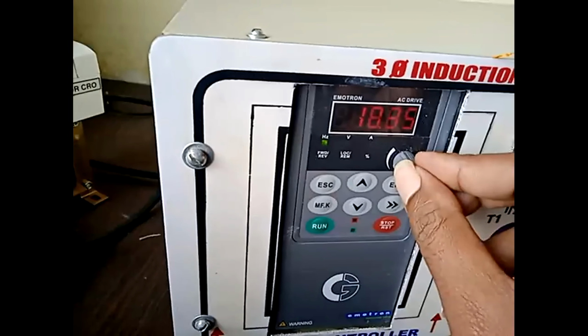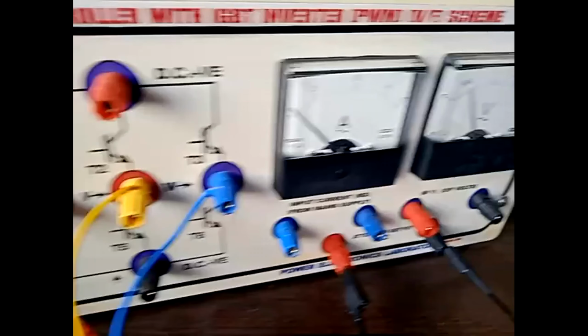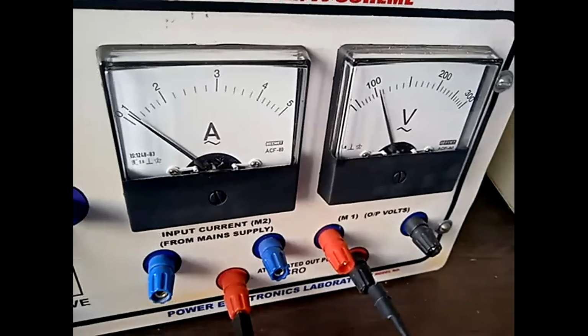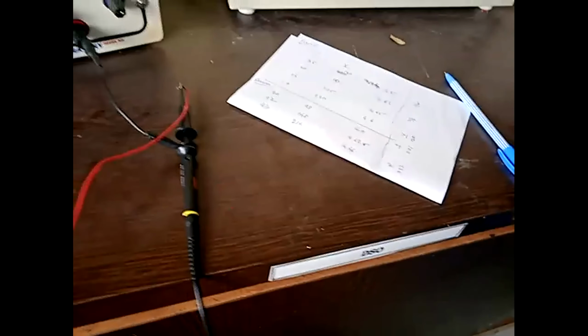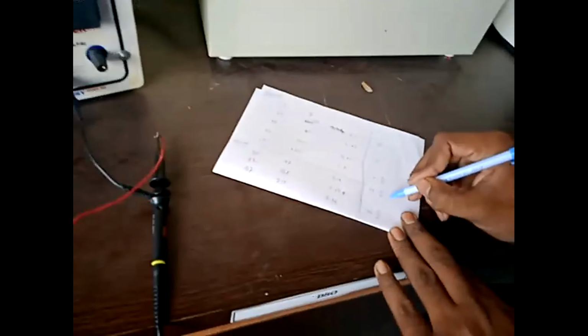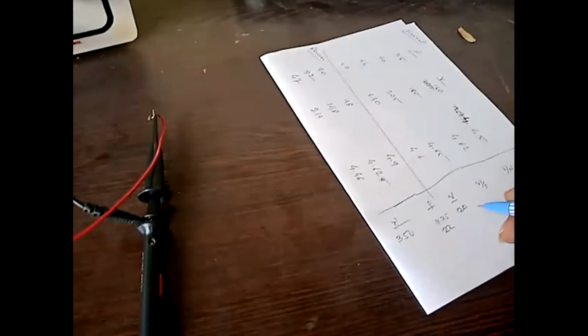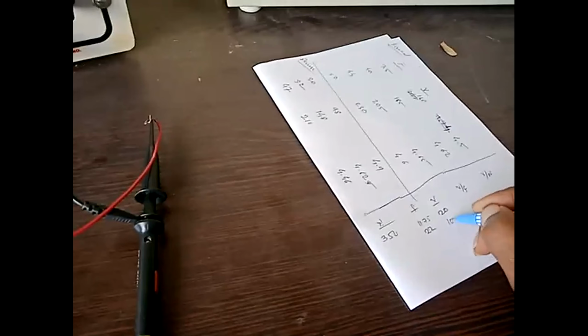Frequency we are going to increase to 22, and what will be the voltage? 105 volts. Second reading: frequency is 22, voltage is 105 volts. Okay. Now check the speed.